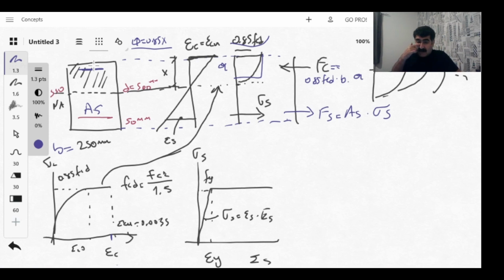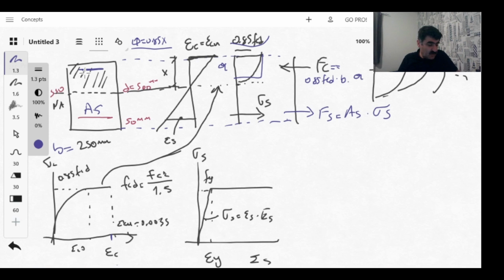Every section can carry a maximum moment. Why? What is this maximum moment? It is the moment that ensures yielding of the steel. So this moment is very high. If it's quite big for the section, I need to put a lot of reinforcement.